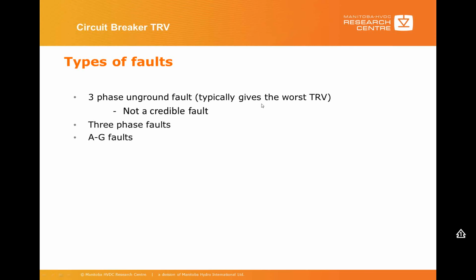If your breaker is okay for the severe case, you don't need to worry about the other types of fault. Therefore, some consultants like to simulate the three-phase ungrounded fault, and some people still do it the simple way, with the most common fault type, the line-to-ground fault.